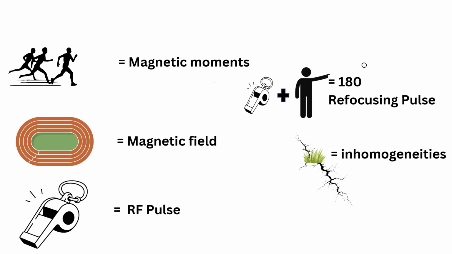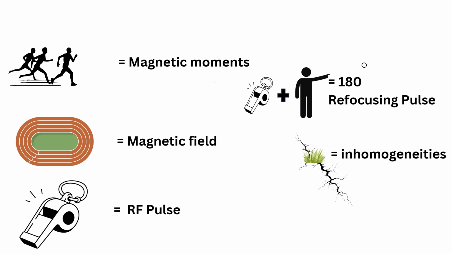Now we are going to take a closer look at explaining T2 versus T2 star using the track team analogy. We are now going to identify each element of the analogy. Each runner represents the magnetic moment of a different hydrogen atom. The track represents the magnetic field, and the lanes represent the precessional path.